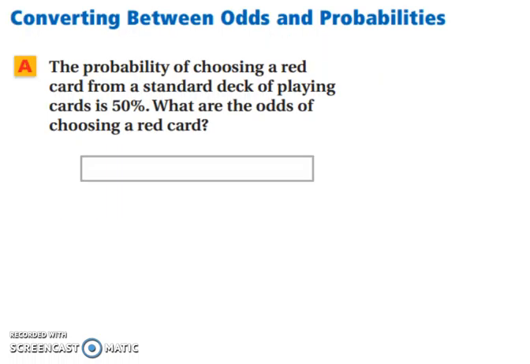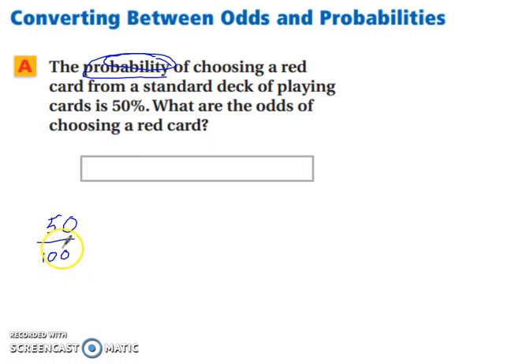So converting between odds and probabilities. The probability of choosing a red card from a standard deck of playing cards is 50%. What are the odds of choosing a red card? For probability, you can think of the probability of this event as being 50 over 100. So that's your part to your total.